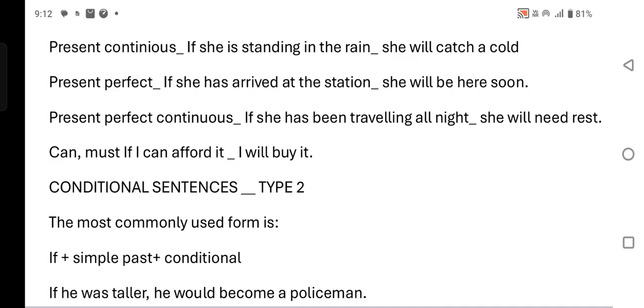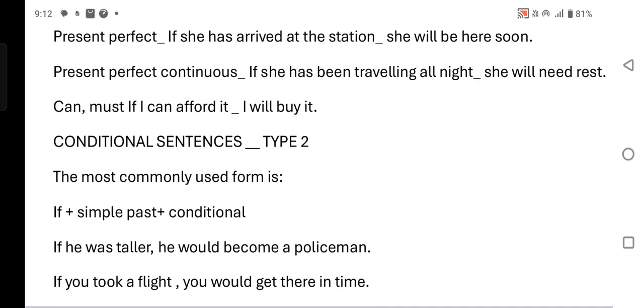Type 2 conditional sentences. Type 2, the most commonly used form is if plus simple past plus conditional. In simple past, the main verb should be written in V2 form.